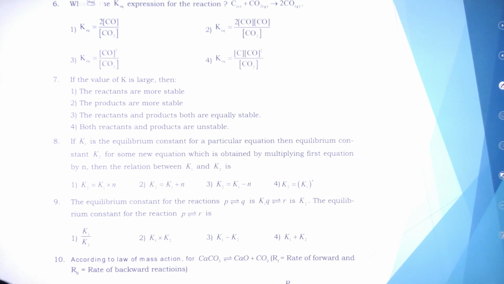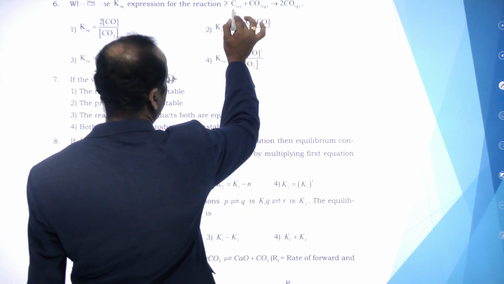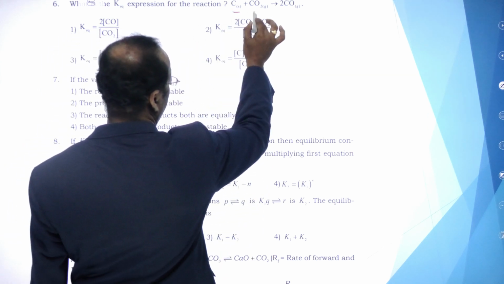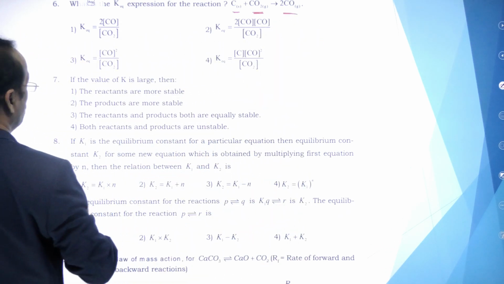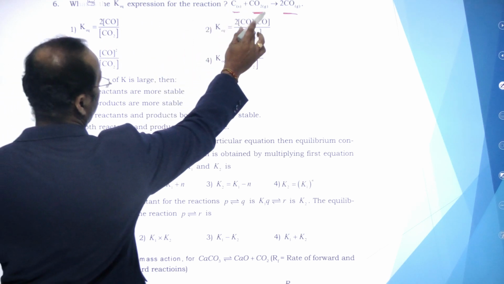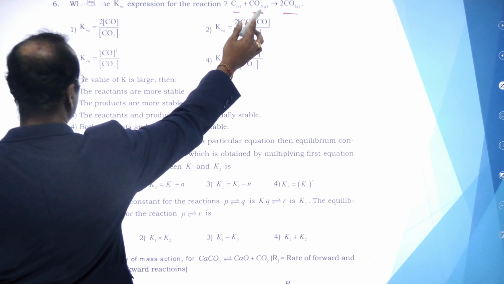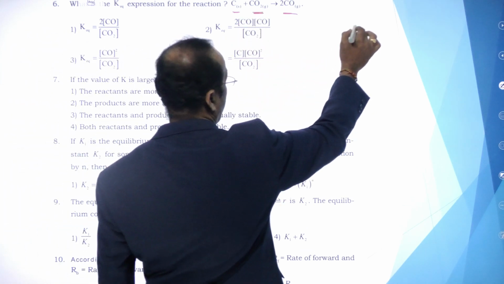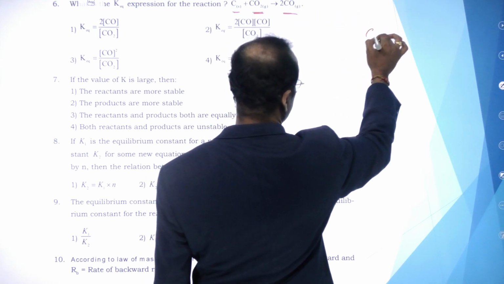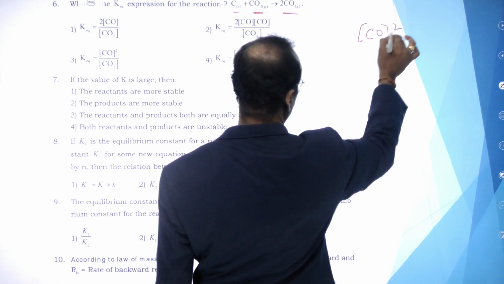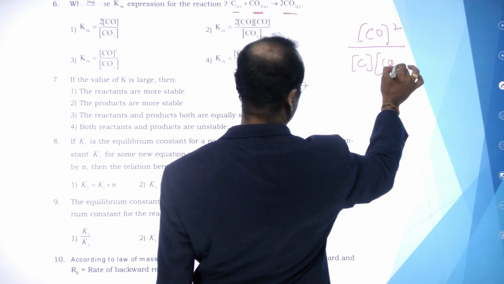Here carbon is a solid, and CO2 and CO are gases. So the product is 2CO, concentration of CO to the power of 2, divided by the reactants, concentration of C and concentration of CO2.